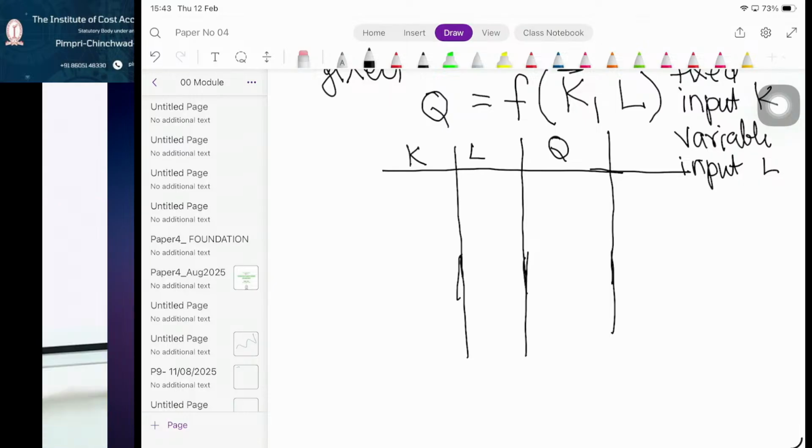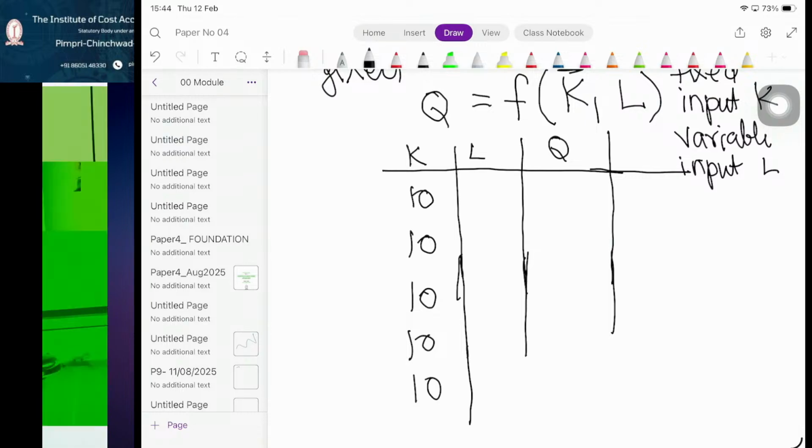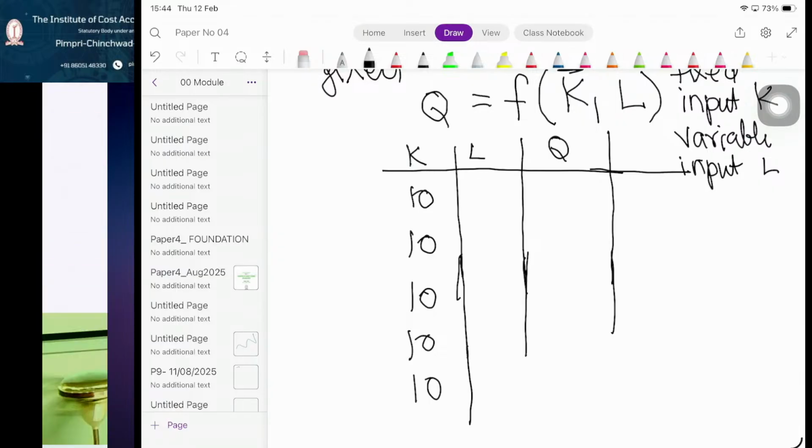Okay, now I'm going to think of a situation where capital is remaining fixed. So I'm choosing any constant number, here I'm taking capital fixed at 10. That's why the number is remaining the same.